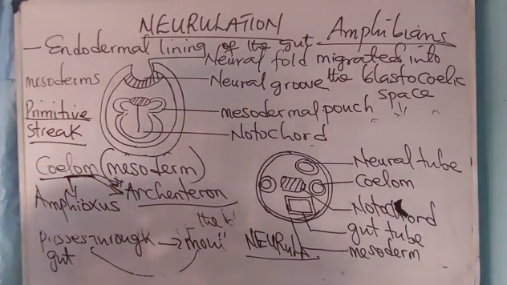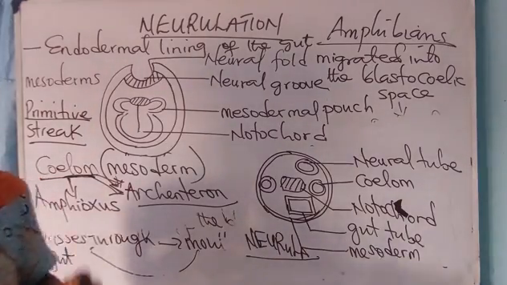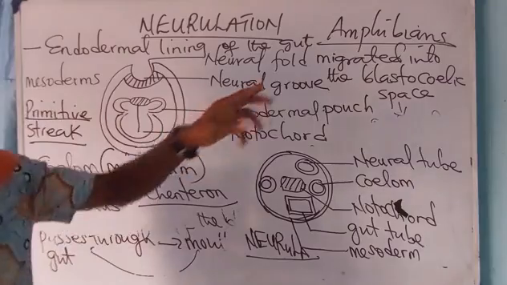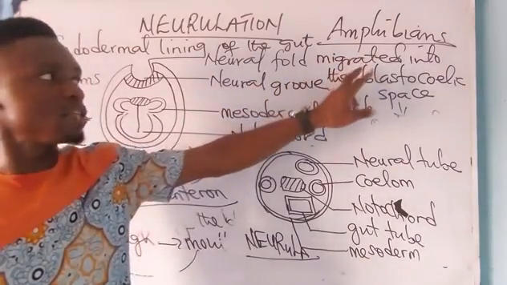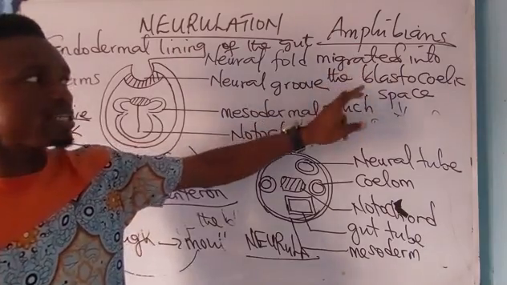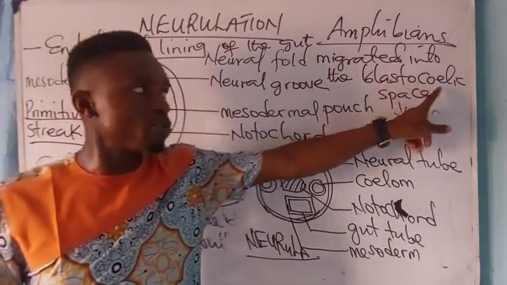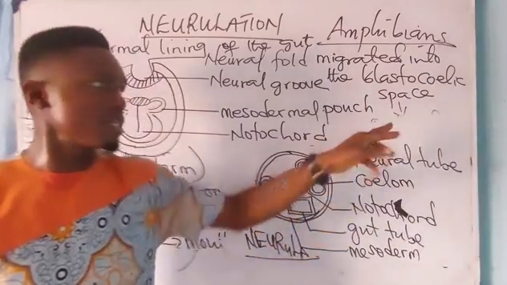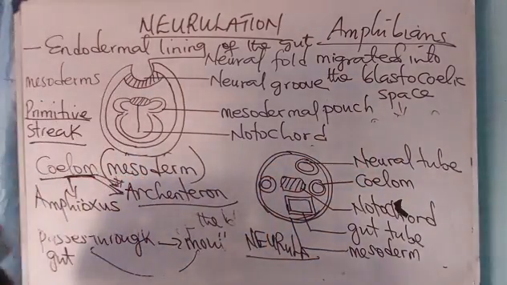Don't forget how the mesoderm is formed in different organisms. I said the mesoderm is formed in the early stage of what? The amphibian, and is produced when the cells migrate or invaginate into the blastocoelic space, which extends from the posterior region of the blastopore.